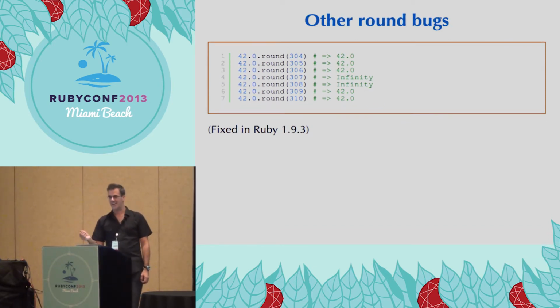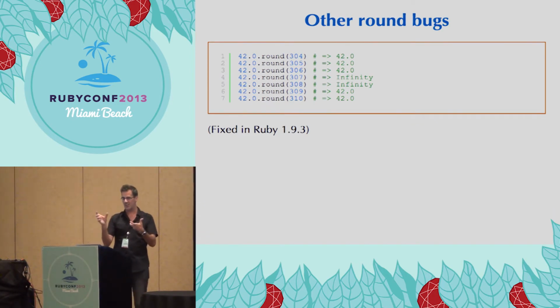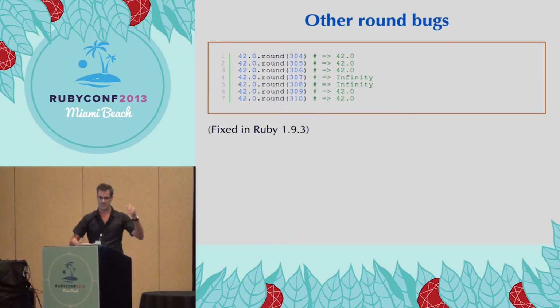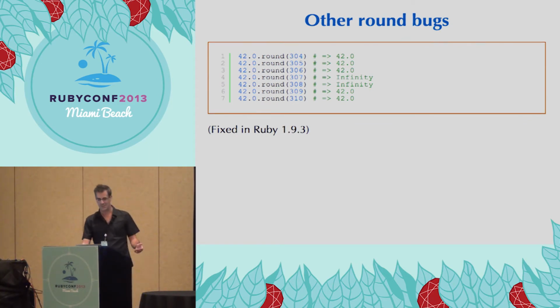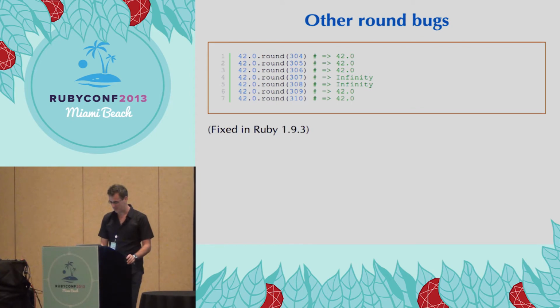But these are kind of funny examples where you're like, what is going on with this? And if you delve in the code, you see that sometimes you can't exponentiate with too high values, and so you take some shortcuts, and if you make some small mistakes, then it could bite you.